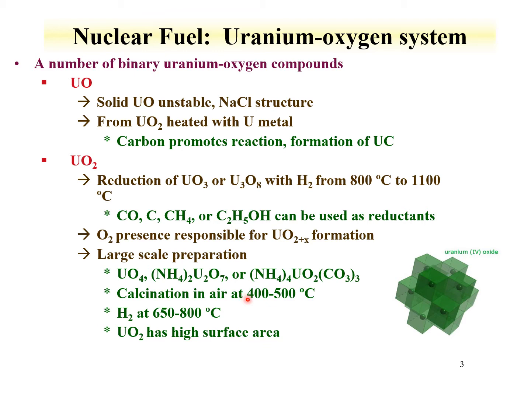This would generally form either UO3 or U3O8, and then treated with hydrogen at a higher temperature. Under these cases, the resulting UO2 has a relatively high surface area. And here's the crystal structure of uranium dioxide.